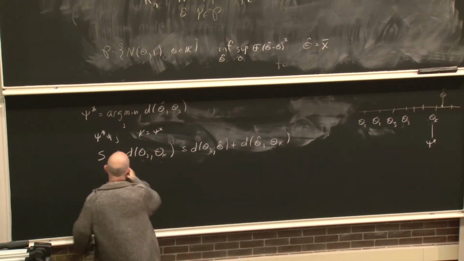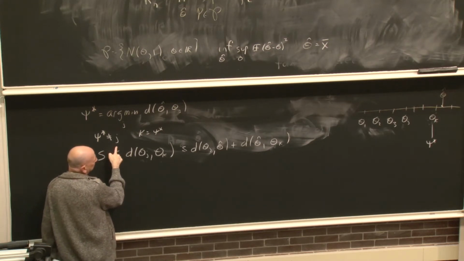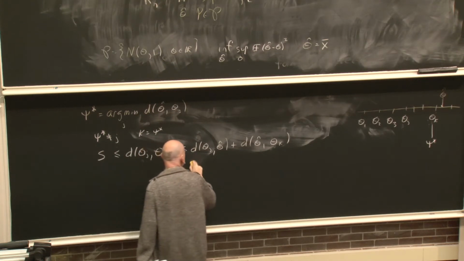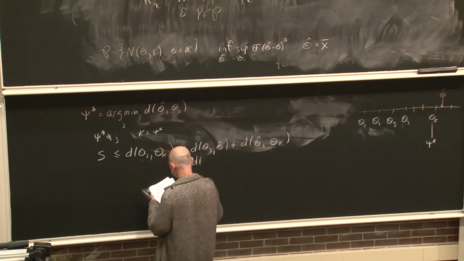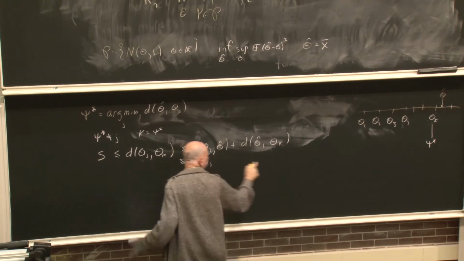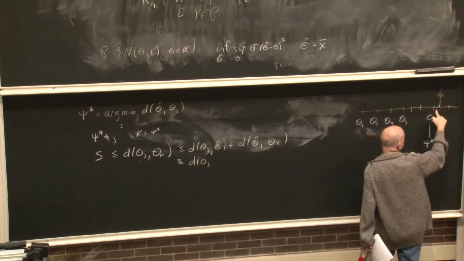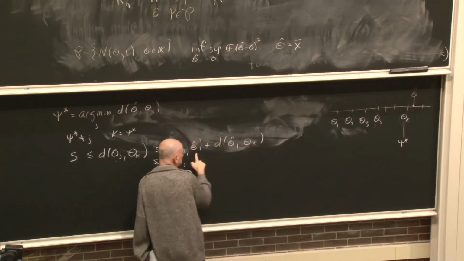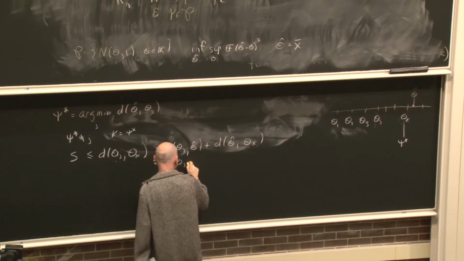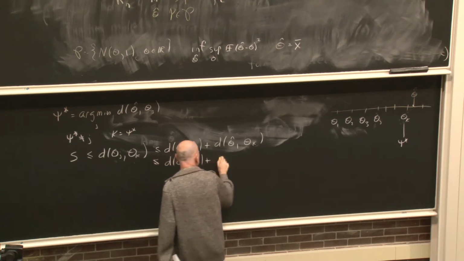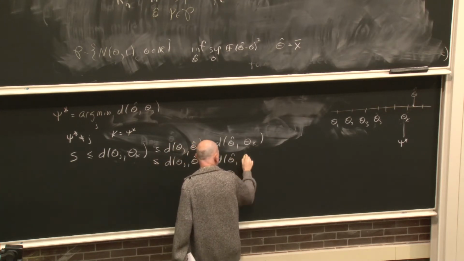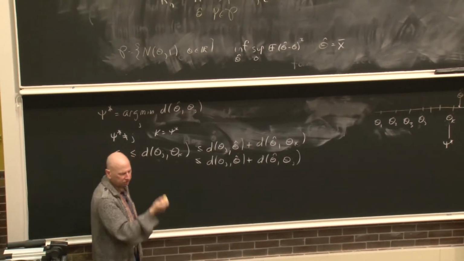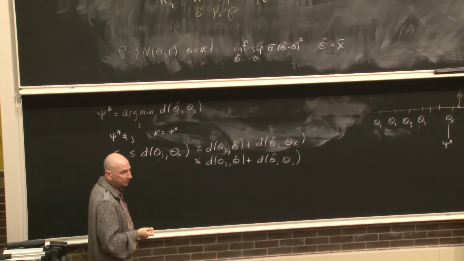But we're under the assumption that you've picked the wrong one, that this is further than this. So this is less than or equal to. In other words, the theta hat came closer to the wrong one instead of the right one. So this came out less than this distance. So this is less than, if I replace this with theta j. That's what it means that your estimator was closer to the wrong guy.